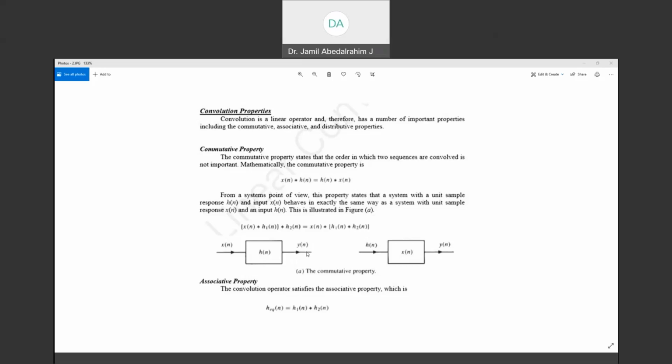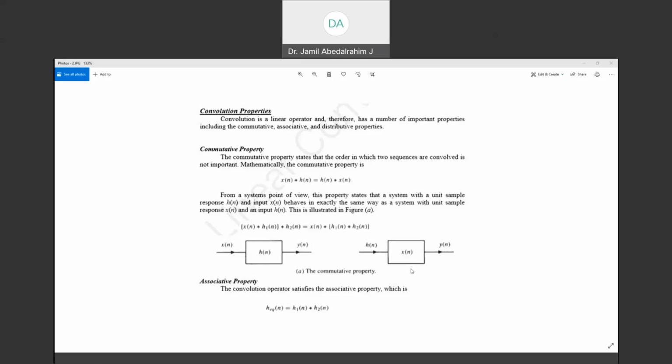So the commutative property means we can exchange them, as you see here. The entering signal can be h of n, so the h of n can enter the device, which has a signal x of n, multiply them, and get y of n. So the input can be h of n, and the device signal or the equation can be x of n. We just exchange them.